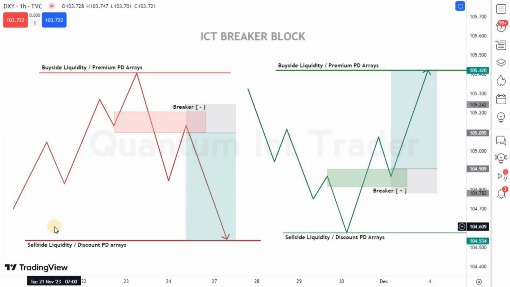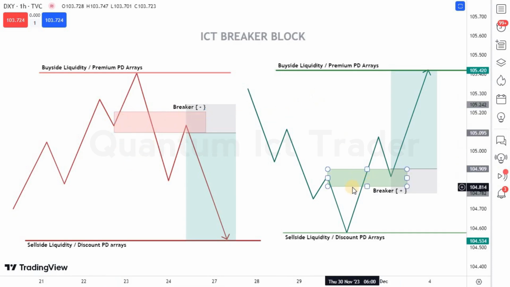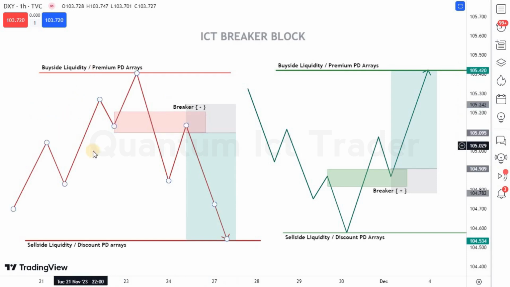So there are basically two types of ICT breaker blocks. One is the ICT bearish breaker block and the other is the bullish breaker block. You can see the diagrams here on the chart. Now what is an ICT bearish breaker block?